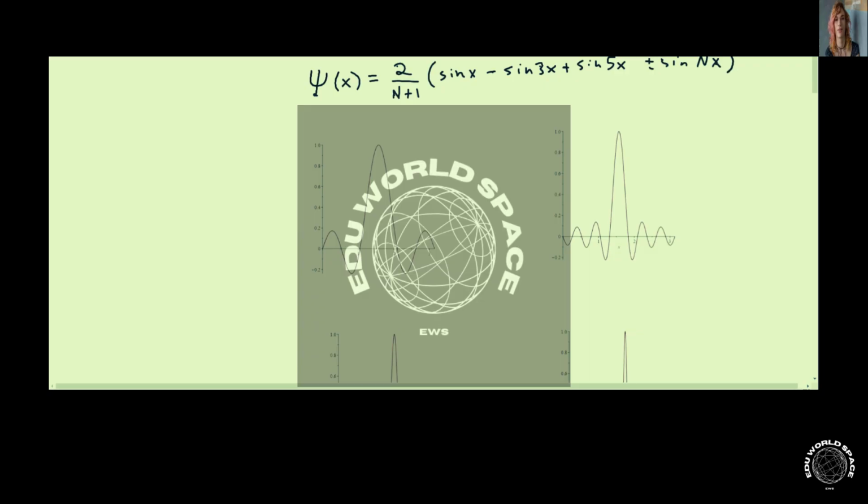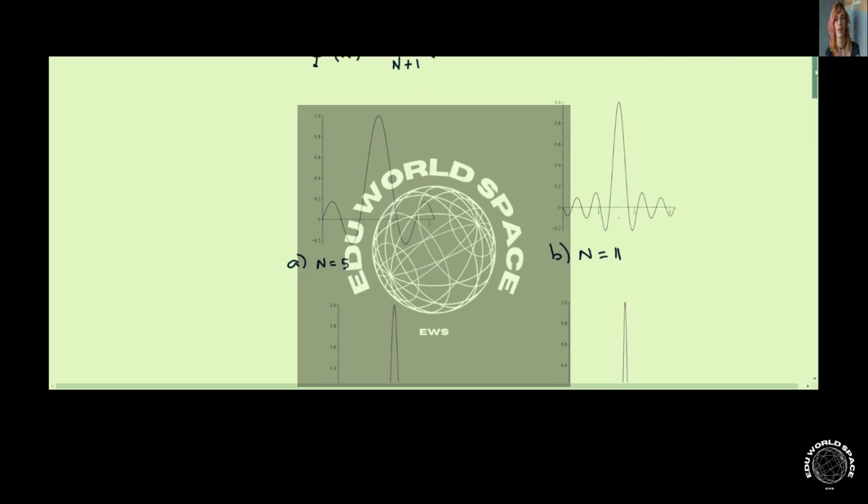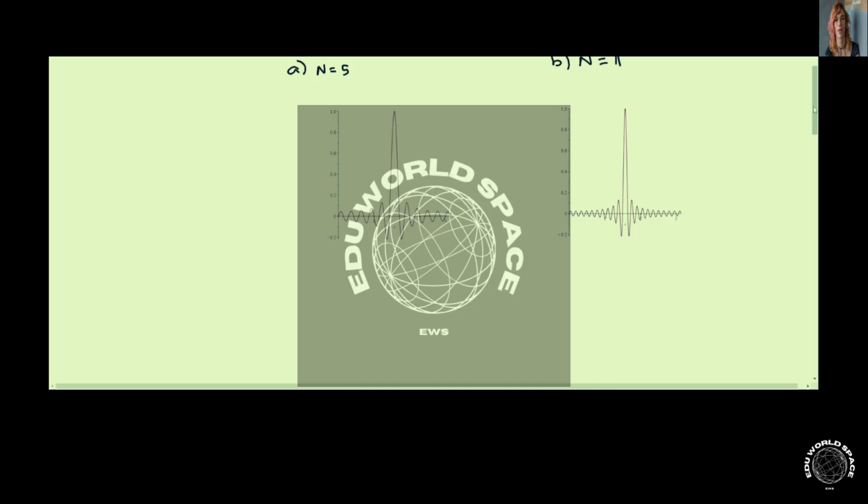Let's take a look at what this wave function looks like for different lengths of the series. Figure A has n equals 5, which means that the first three terms are added together. The second one has n equals 11, so we're basically doubling the number of terms added together for each subsequent picture.